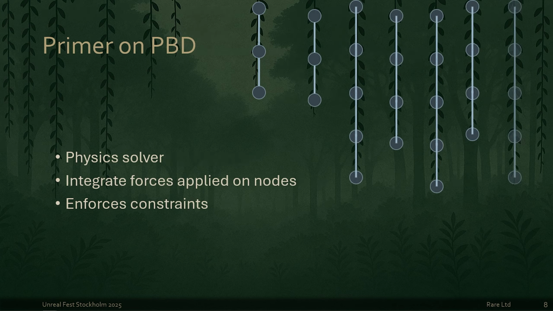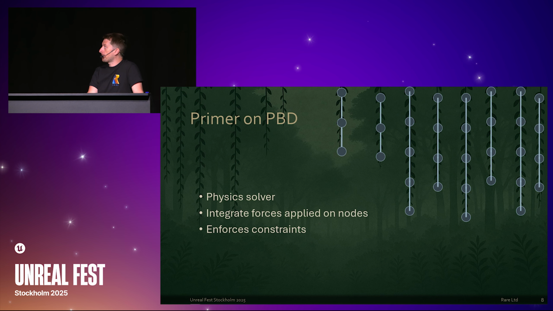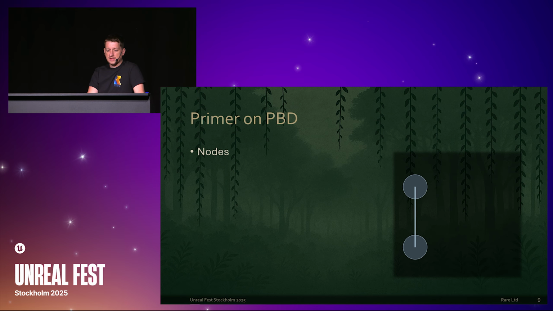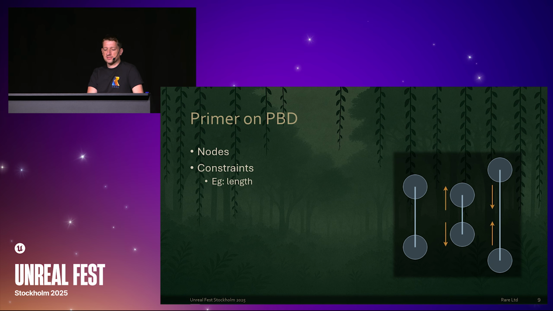As an example, for vines, a natural representation is a chain like this, where nodes are represented by circles, and each is connected to the next one from top to bottom using these chains. In general, nodes can be thought of as particles with properties like positions and orientation, and constraints are applied to the interconnection between nodes.